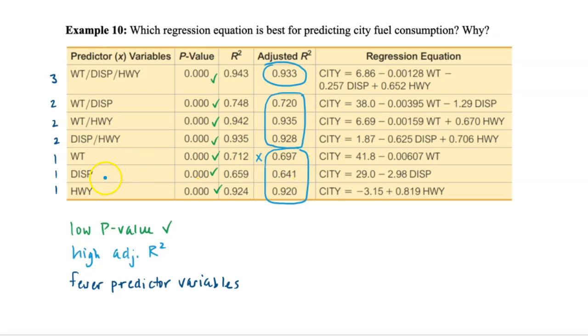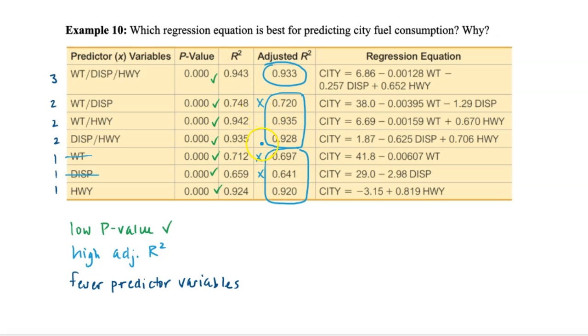And for each of these predictor variables, I'm just going to cross off anything that does not have the largest R squared. So for 1 predictor variable, I can see that weight and DISP are out. And so this isn't really a problem in context, but this weight DISP is out. And so we're down to highway. Okay, for 2 predictor variables, I know this adjusted R squared is out, and these are about the same.